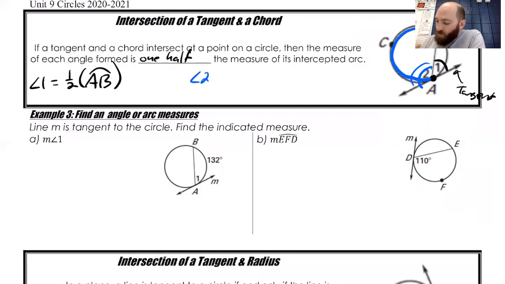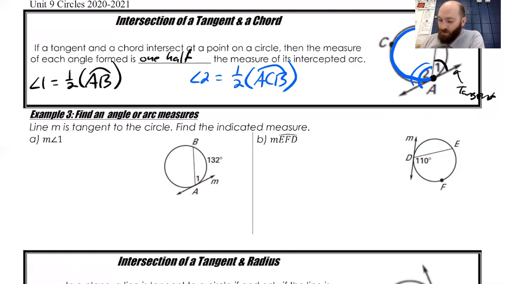So that means angle 2 is going to be 1/2 of arc ACB. That's what we're trying to say here. And just like previously with the inscribed, I could go double if I needed to, right? Angle 2 is half of the arc, but the arc is double the angle.